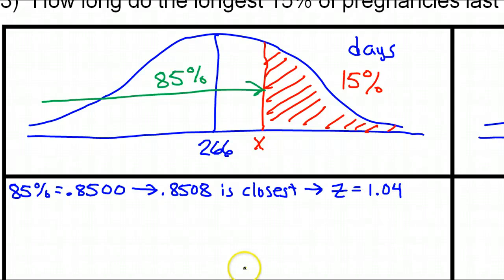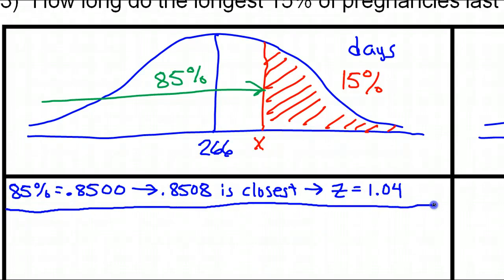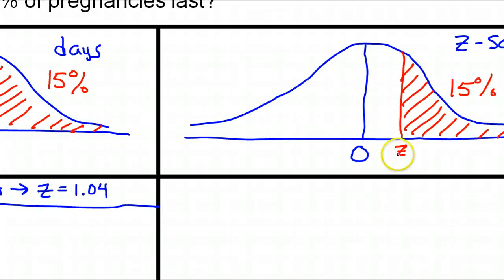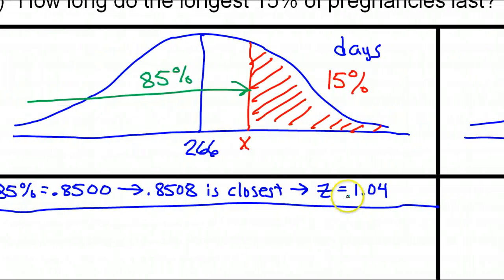Okay, so that's great. Now that we know that, well, first of all, with the z-score, we have found this. So let's go ahead and put it where it goes. So the z-score is 1.04, which, by the way, means this is about one standard deviation above the mean. Okay, now that we have the z-score, we can use it to find x.